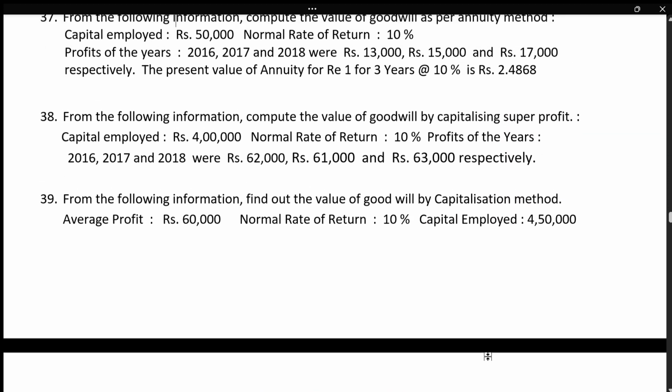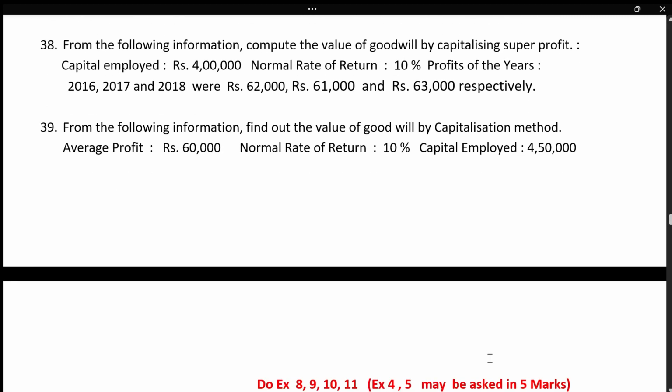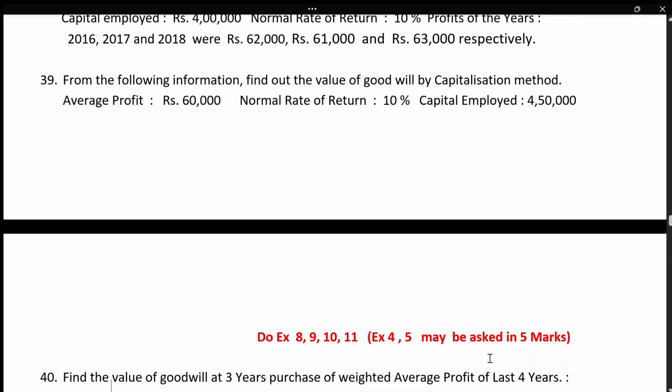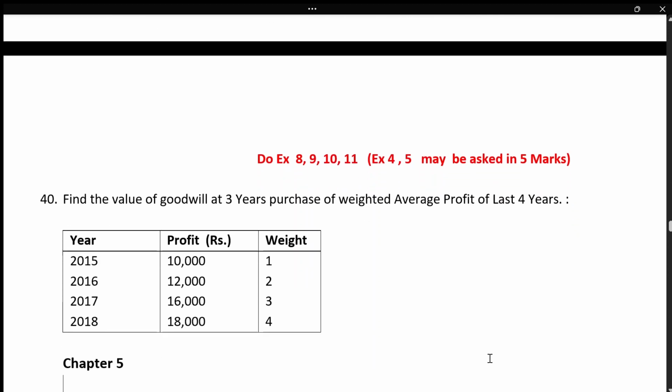Annuity value will be given. You have to find the super profit and goodwill with the annuity method values, and goodwill by capitalizing super profit, the capitalization method, and weighted average profit method.